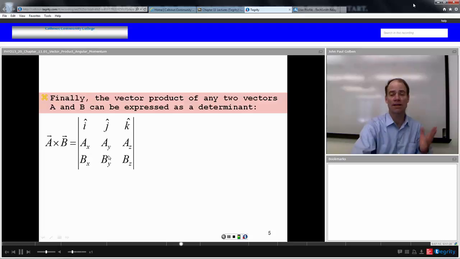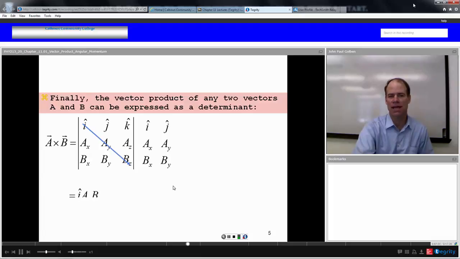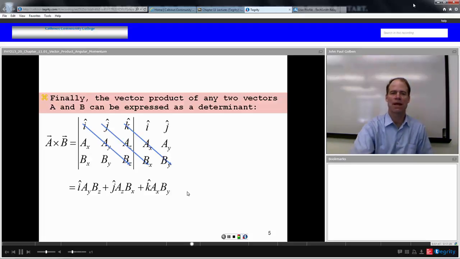The way I like to solve a 3 by 3 determinant is to repeat the first two columns, and then just do my 3 diagonals going down, add those together, subtract my 3 diagonals going up. So I would have i times aybz plus j times azbx plus k times axby minus the other 3 diagonals.